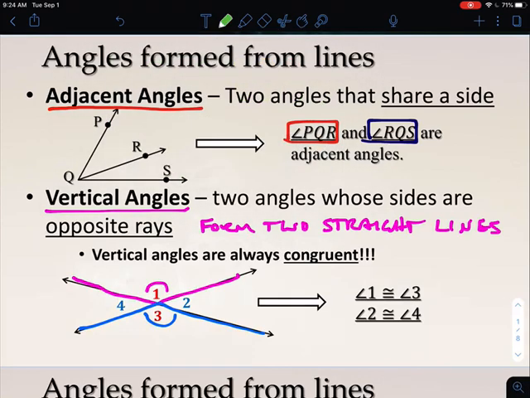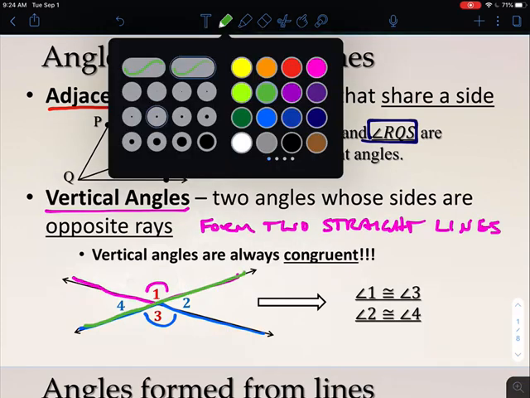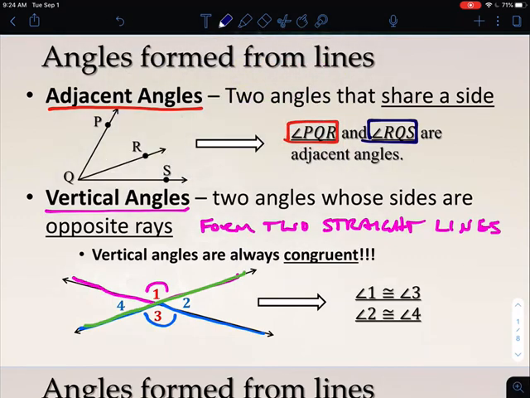If I were to trace where they meet, this blue comes here and meets up with pink and forms a perfectly straight line. And then we have this pink here meeting up with blue here, forming a perfectly straight line. So together, the two angles form a straight line.